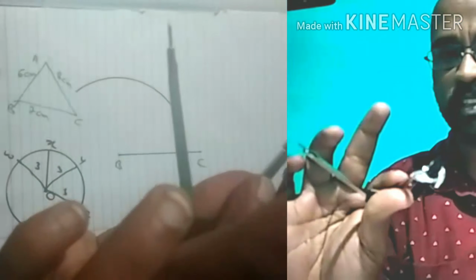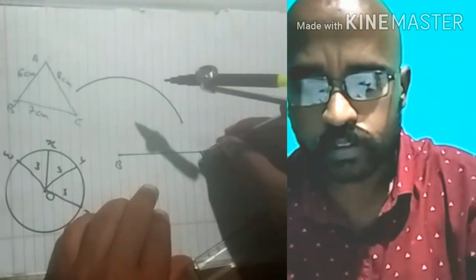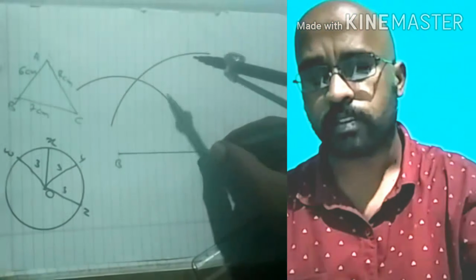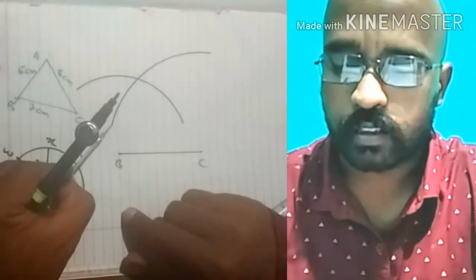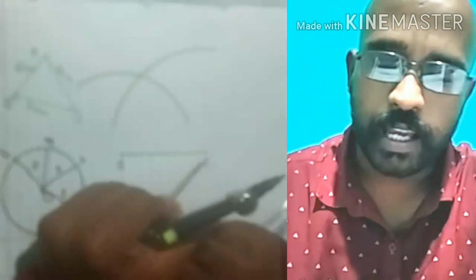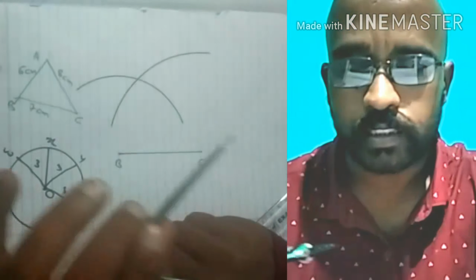Okay, this much distance is 8 centimeter. I will keep the tip of the compass on C and draw one arc. What is the meaning of this? The meaning of this arc is that every point on this arc is 8 centimeter away from C.